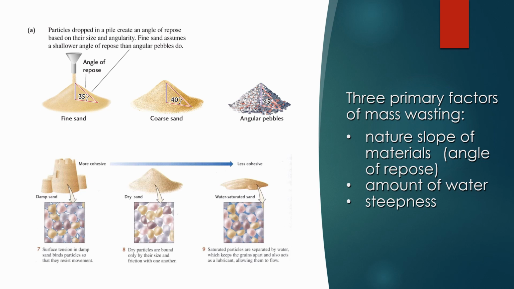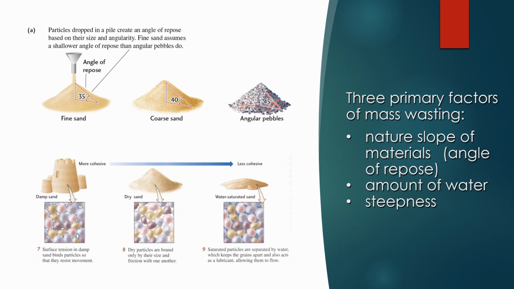Materials have their own angles of repose. It is the maximum angle at which a slope of loose material will lie without cascading down. The higher the angle of repose is, the less likely the material tends to collapse.